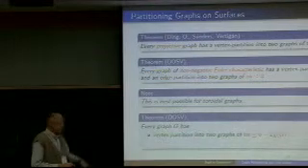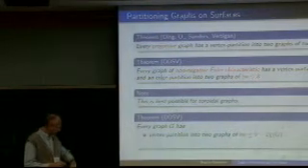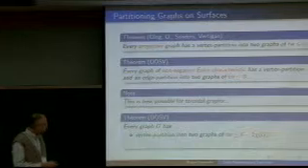And for edge partitions, this is not too bad. For edge partitions, this is 9 minus 3 times the Euler characteristic.